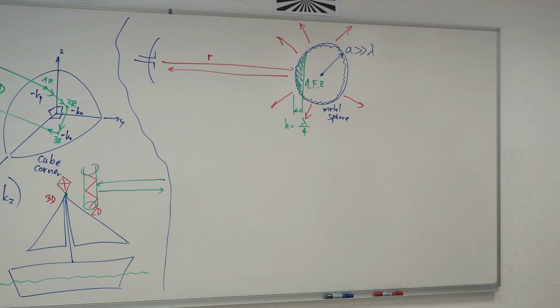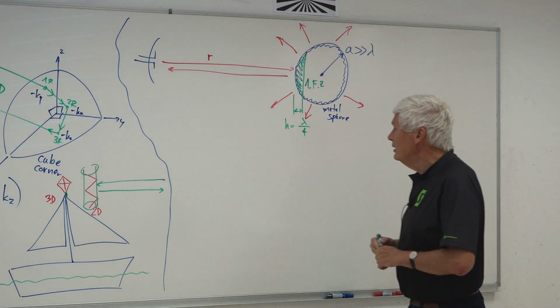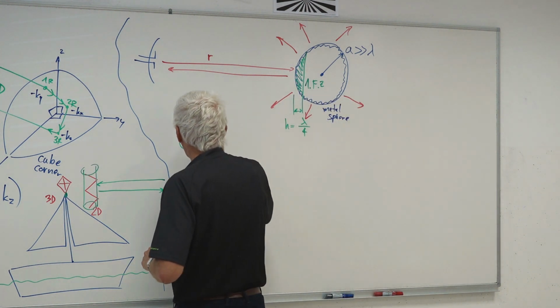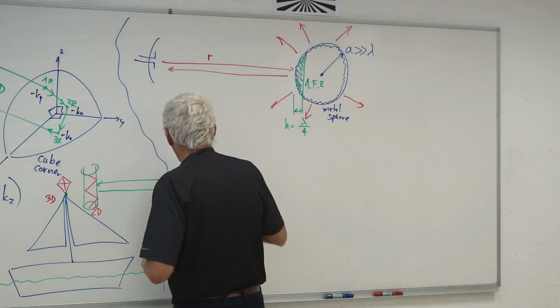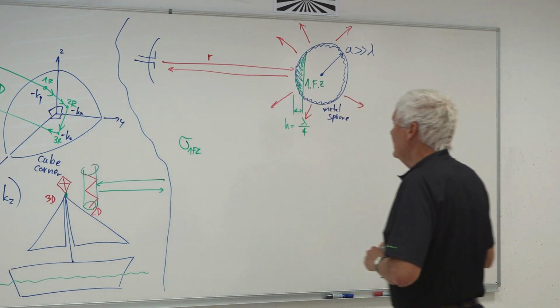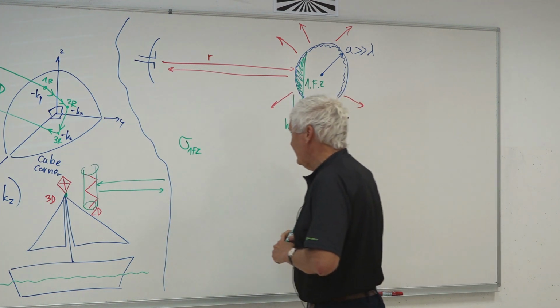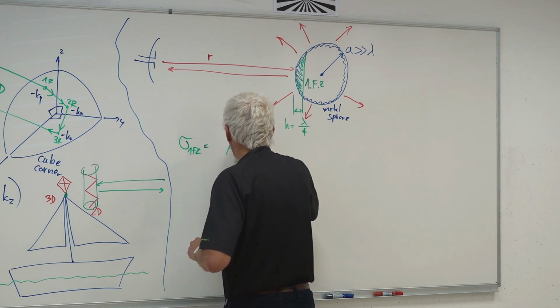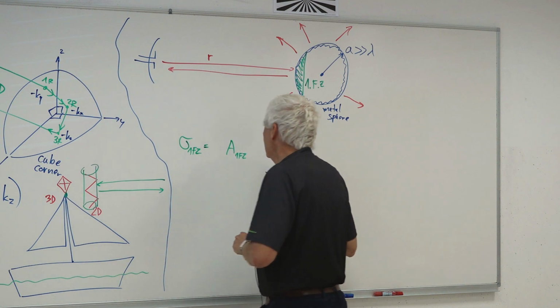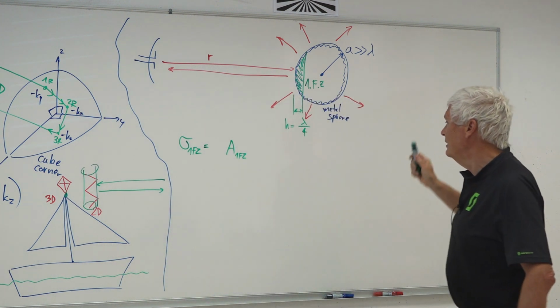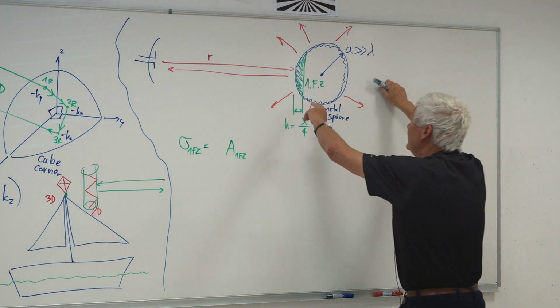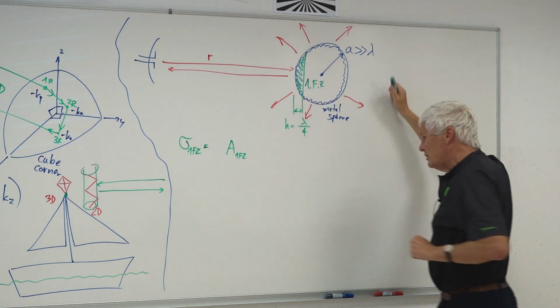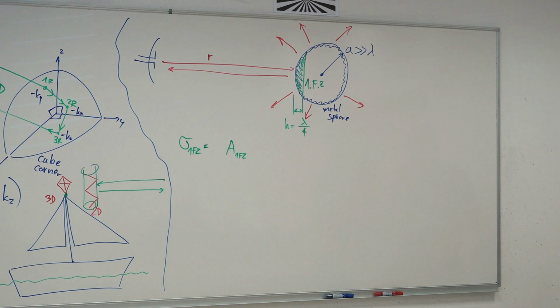Now, I should see what is the area of the first Fresnel zone. If I have covered the first Fresnel zone, and just the first Fresnel zone, how much field do I get?